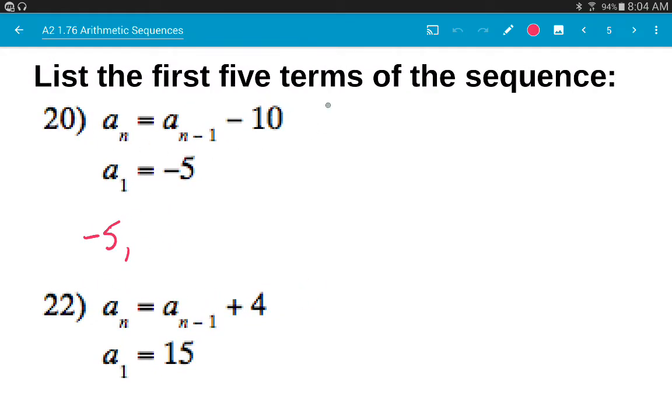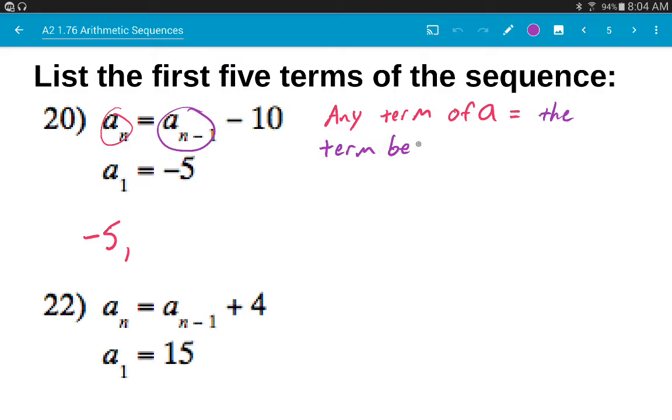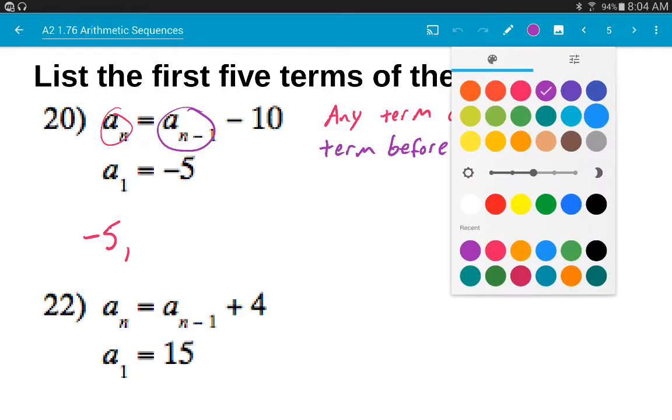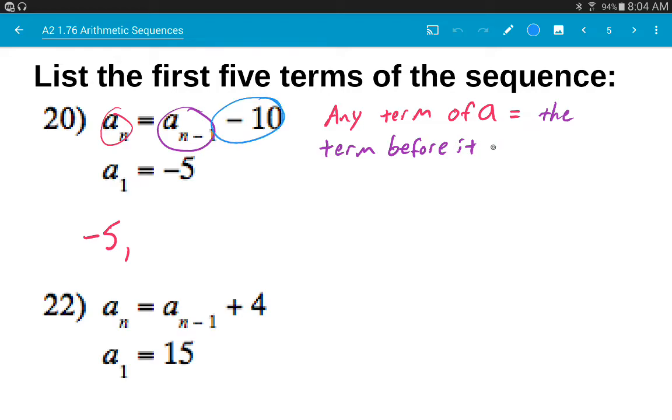So this is saying any term of a equals the term before it minus 10.